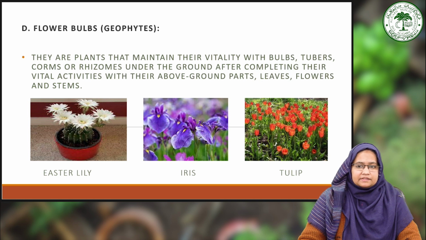They are plants that maintain their vitality with bulbs, tubers, corms or rhizomes under the ground after completing their vital activities with their above ground parts, leaves, flowers and stems. Examples of flower bulbs are Easter lily, iris, tulip.